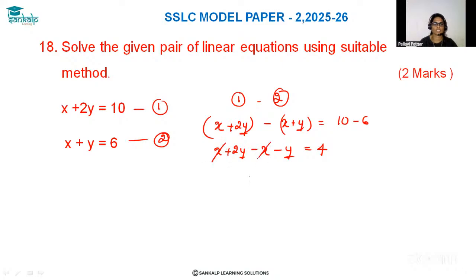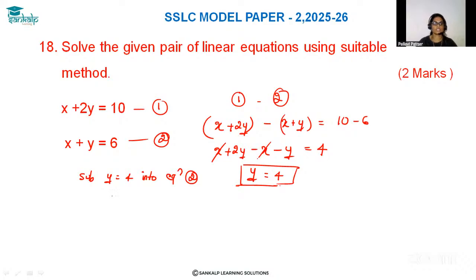Plus 2y minus y is equal to 4. So y value is 4. Substitute the value of y into the second equation or first equation. Substitute y is equal to 4 into equation 2 to find the value of x.